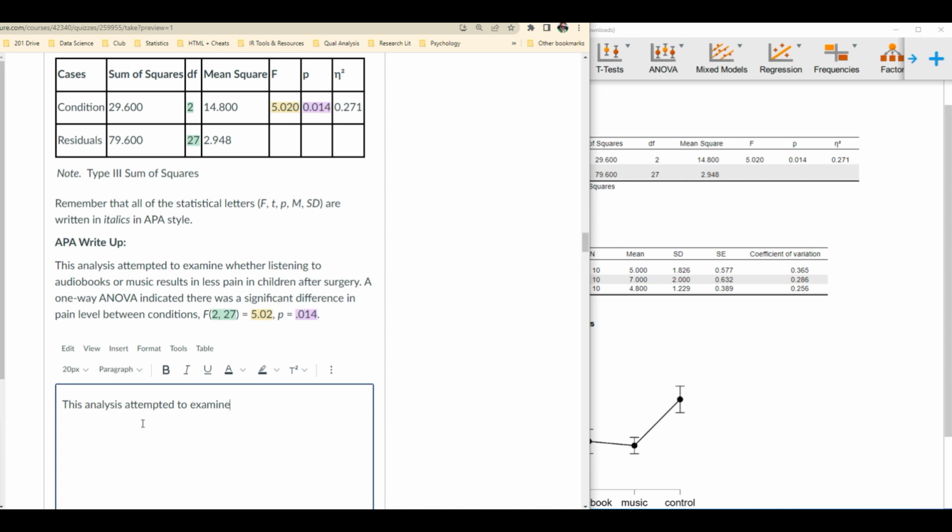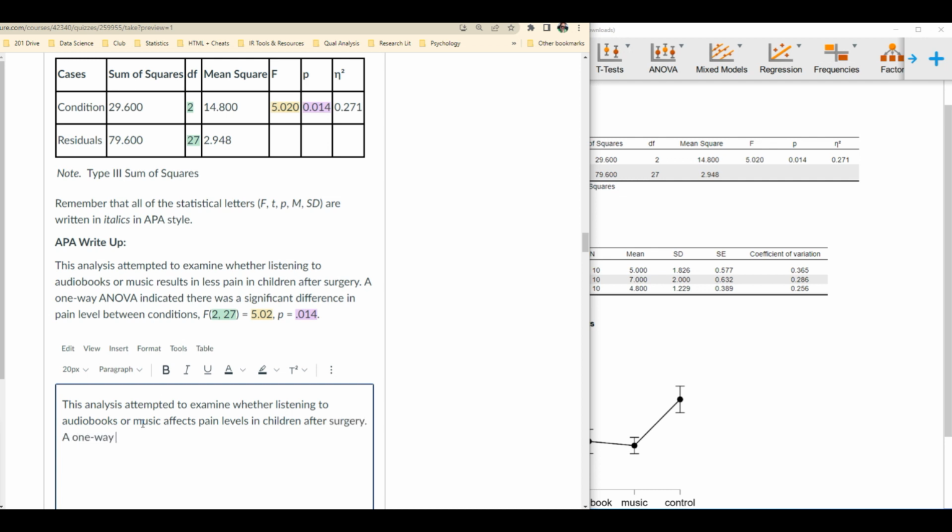So this analysis attempted to examine whether listening to audiobooks or music, you could say reduces pain, results in less pain, affects pain levels. That's generally what we're looking at in children after surgery.